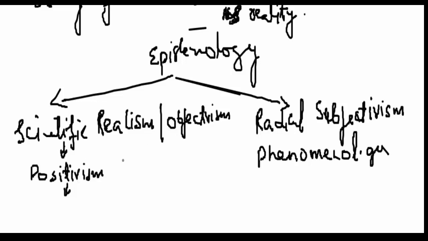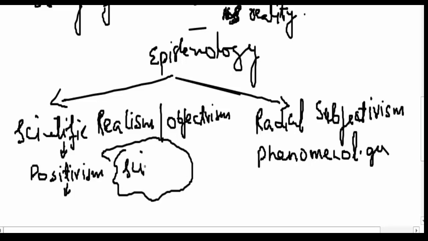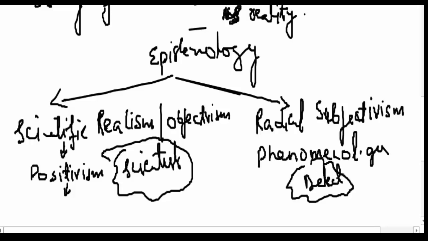So, to put it in a gross way, positivism is something like a scientist, and phenomenology or subjectivism is like a detective. So you keep these two in mind, that it's kind of a detective, and it is a kind of scientist. So you will come up with what scientists do and what detectives do.